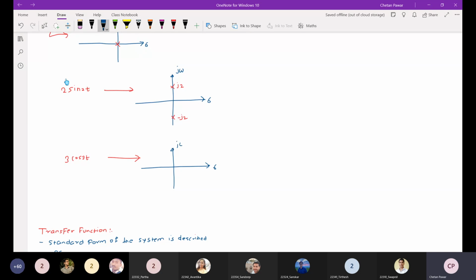Can anyone reply what is meant by pole? Root of denominator, right?